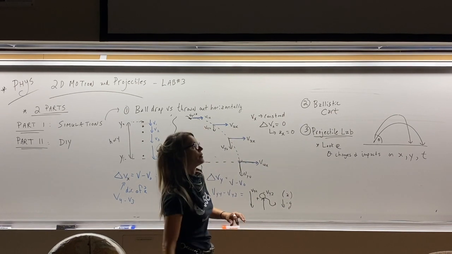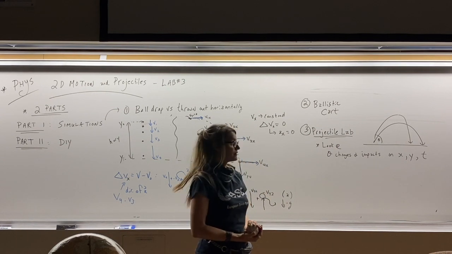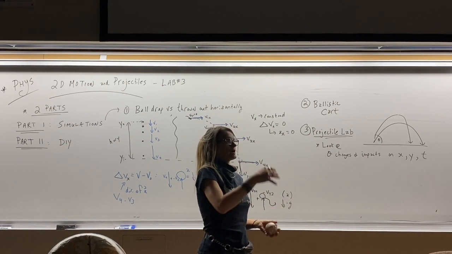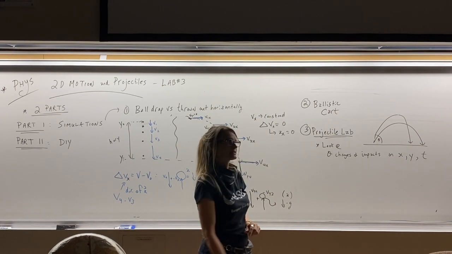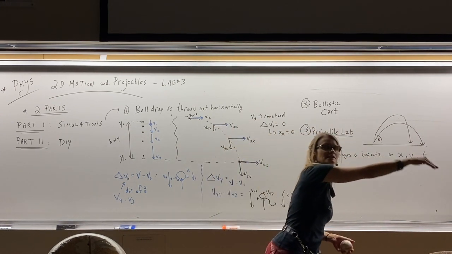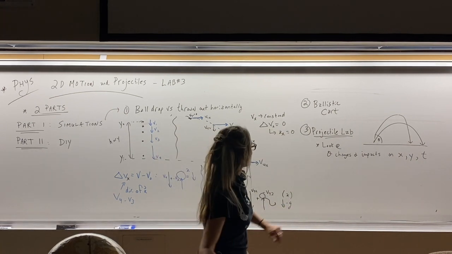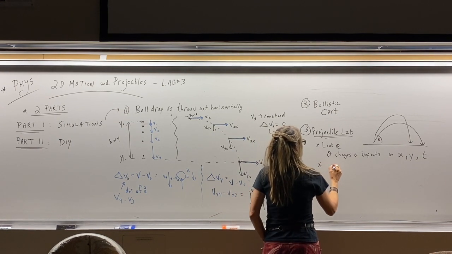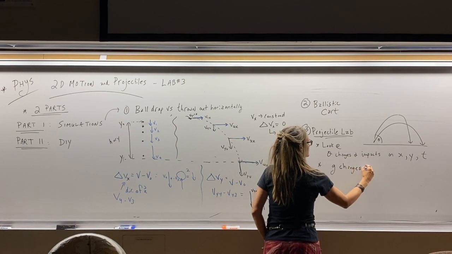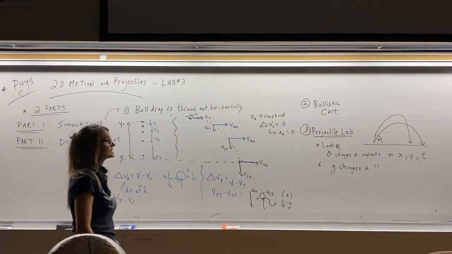If I were to throw this up on a planet with very large acceleration due to gravity like Jupiter, I'm going to need more force to get to the same height, or if I throw it with the same amount of force, it will not reach as high. So you could play around with your theta changes and your impacts on your positions in time.